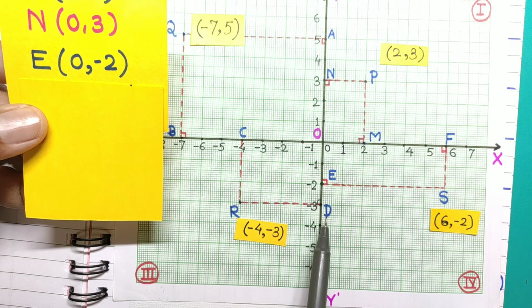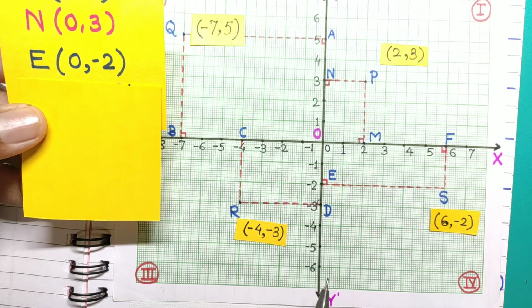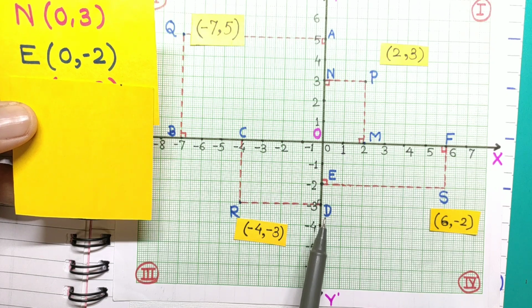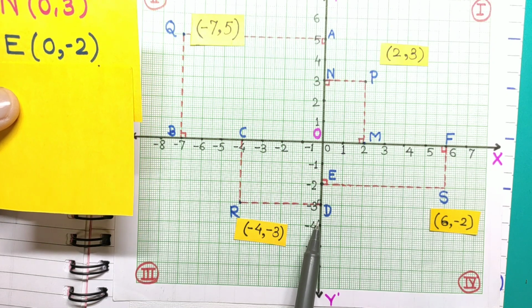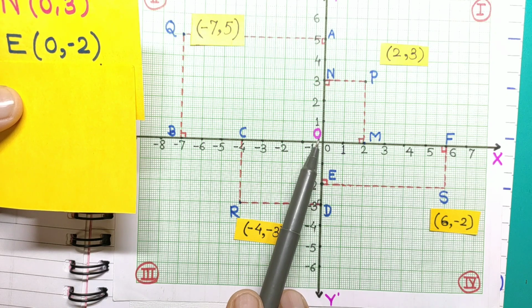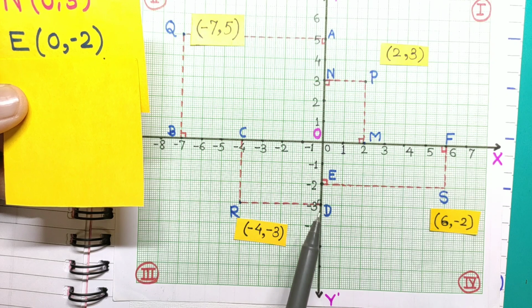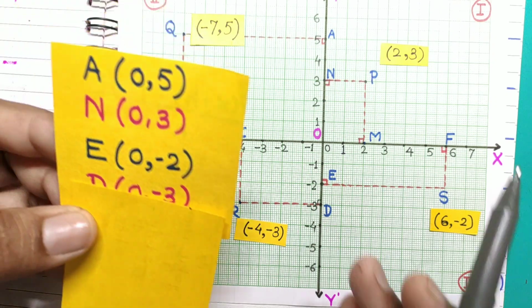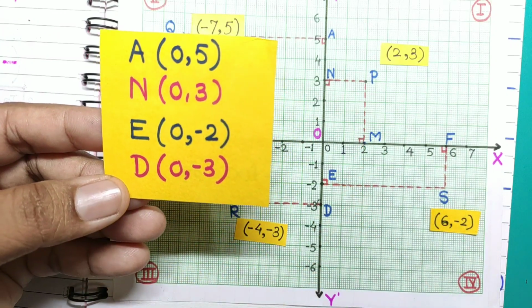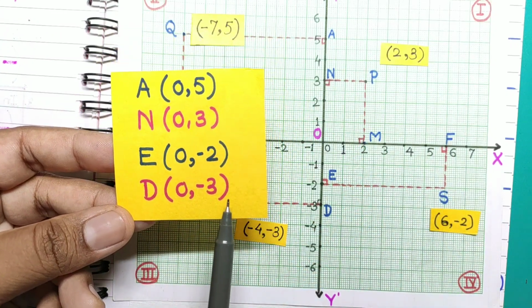Also point D lies on this negative y-axis. Again its x coordinate is 0 and its y coordinate is its distance from the x-axis with a negative sign. This distance is 3 units, so its y coordinate is -3. So the coordinates of point D are (0, -3).